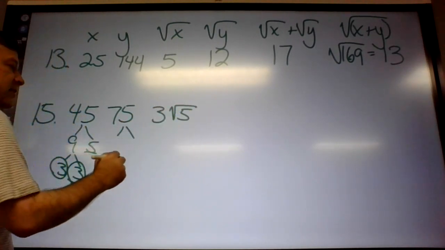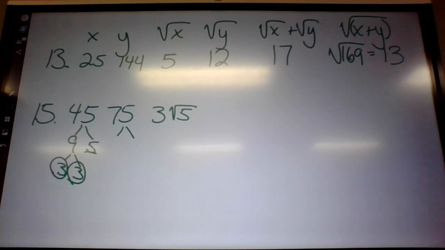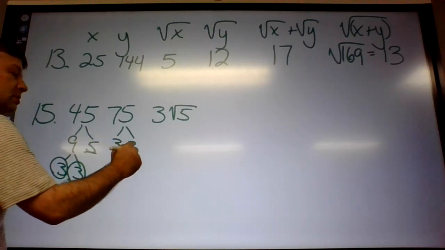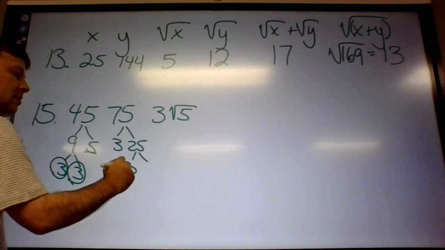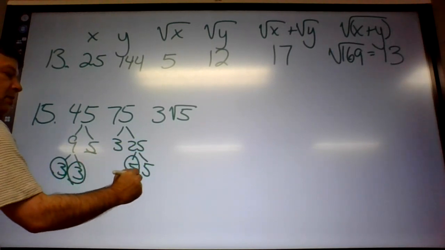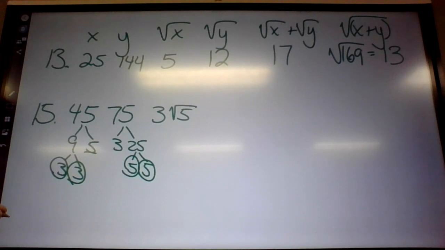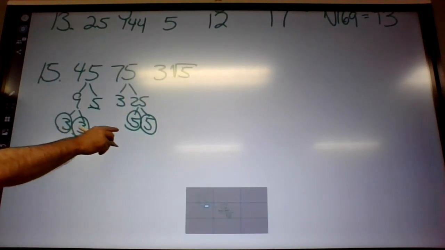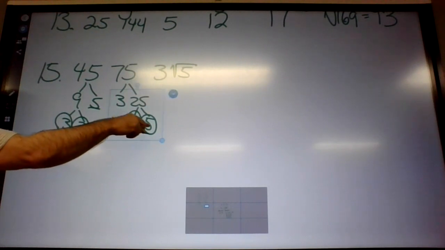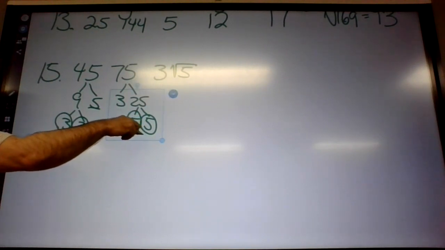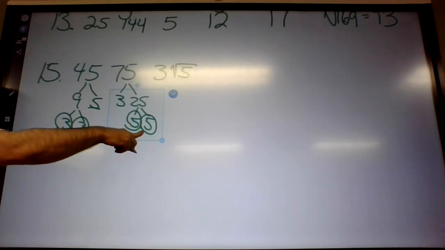What goes into 75? How many quarters are in 75 cents? No, it's because there's a double 5, it's going to come out.